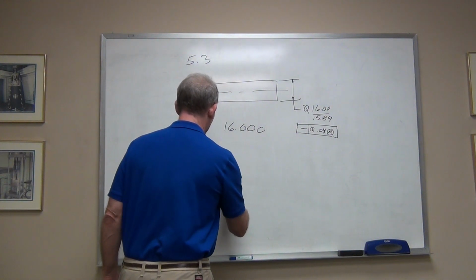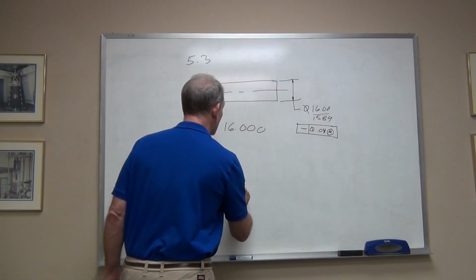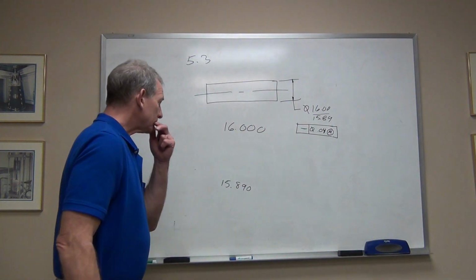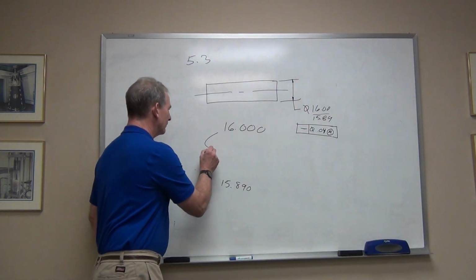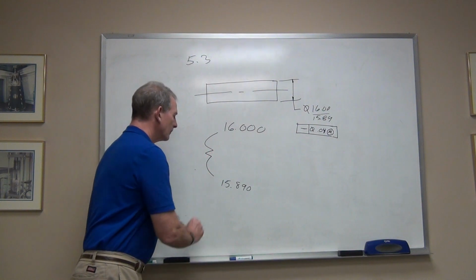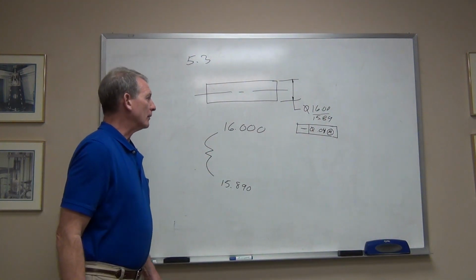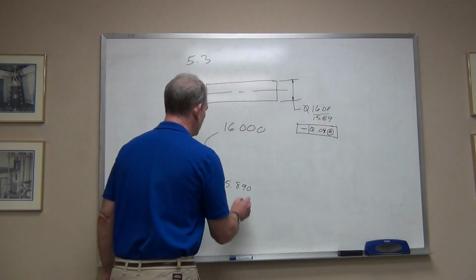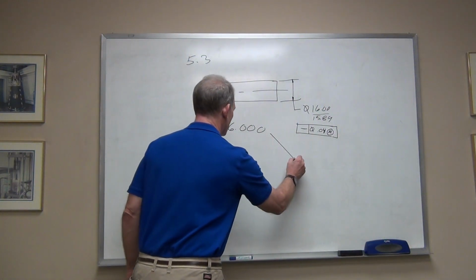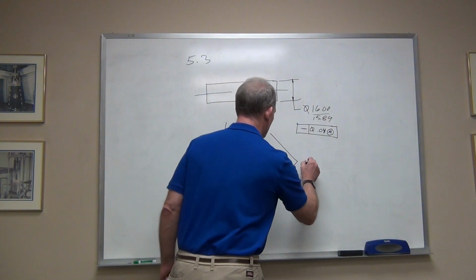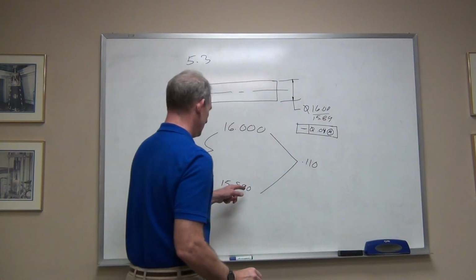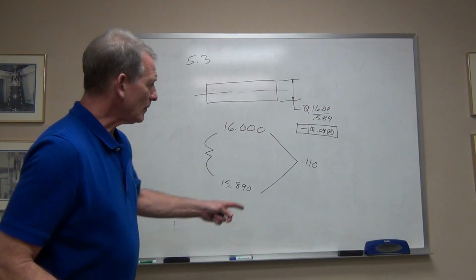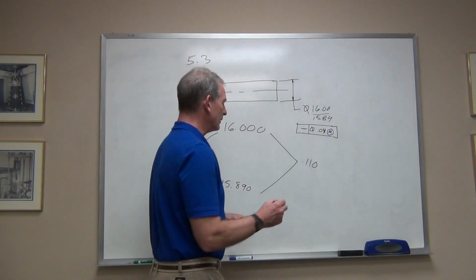And we can have this. And anything in between. Now the difference between these two is that, right? I think that's right. And that difference again is called the allowance.